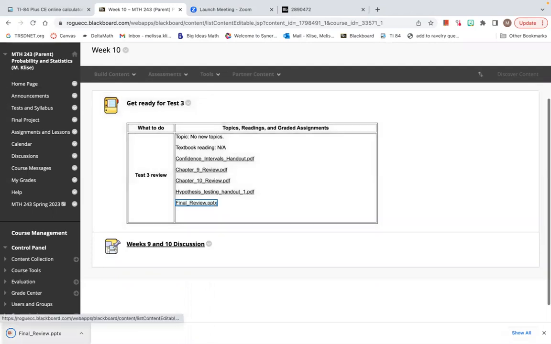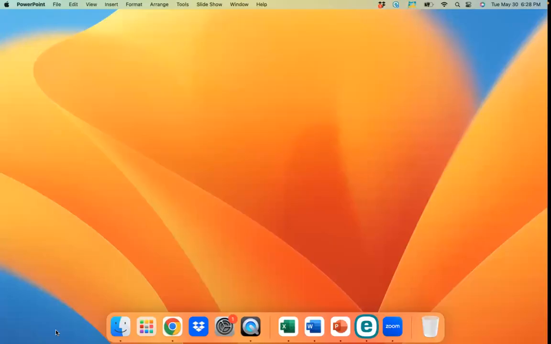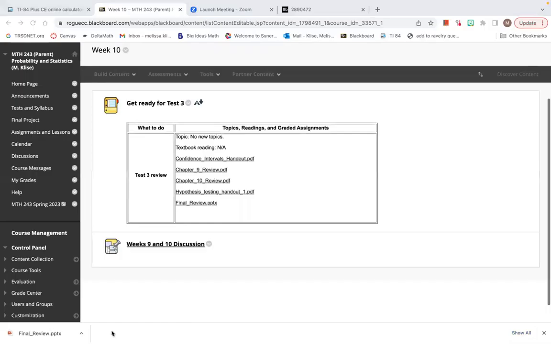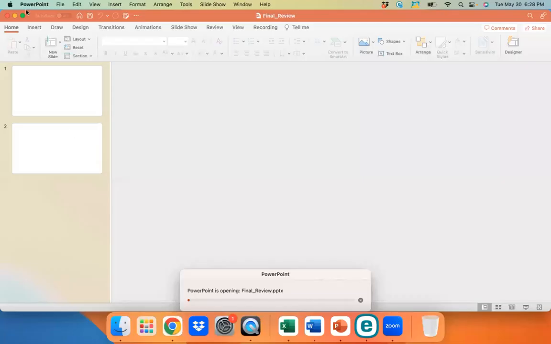If it'll open up for me. Sometimes things happen weird for me when I'm on Zoom. Come on, open. Okay, it says it's opening it. Let's see if I believe it. Okay, maybe there we go. All right.